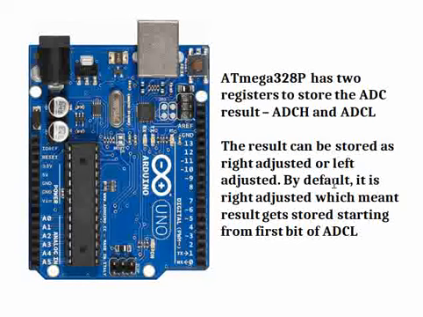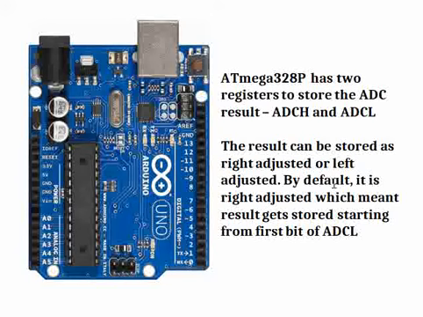Once the ADC input is provided, and we write a program to convert that analog input to a digital value, the result of that ADC will be stored in a combination of two registers, called ADCH and ADCL. ADCL is the lower byte register, and ADCH is the upper byte register.